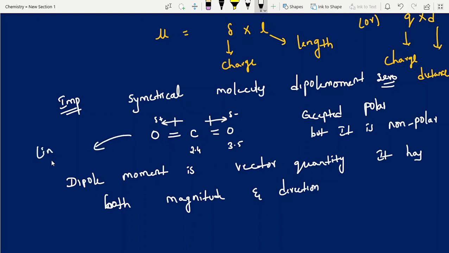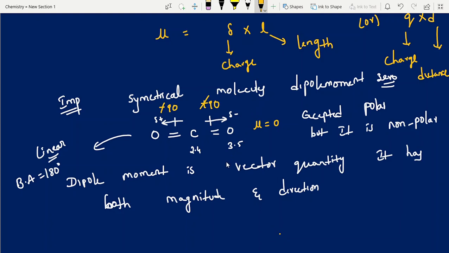In one direction it is showing plus 90, and exactly the opposite direction means minus 90. Plus 90, minus 90, both get cancelled. Finally, the CO2 molecule dipole moment is 0. That's why I said symmetrical molecules.